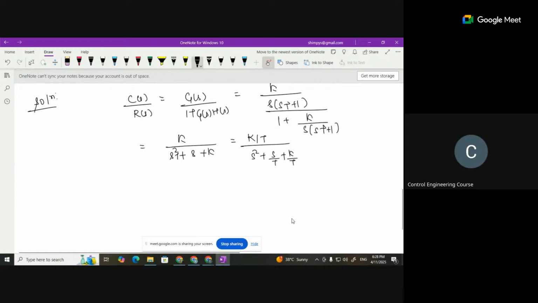Yes. Now I can compare this transfer function with the standard form, that is omega n square by s square plus 2 zeta omega n s plus omega n square.